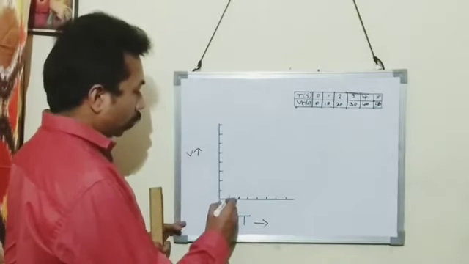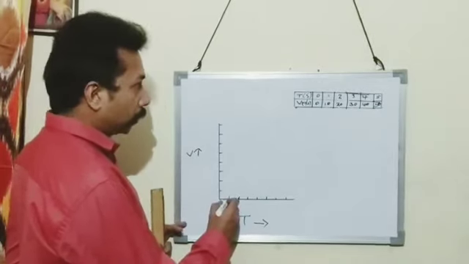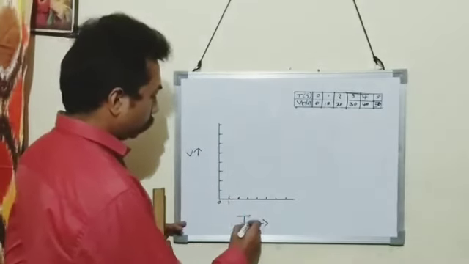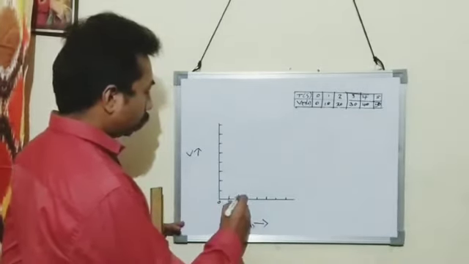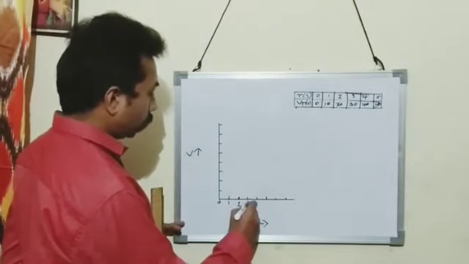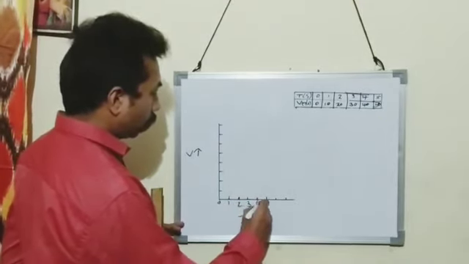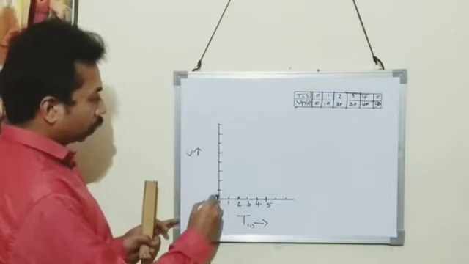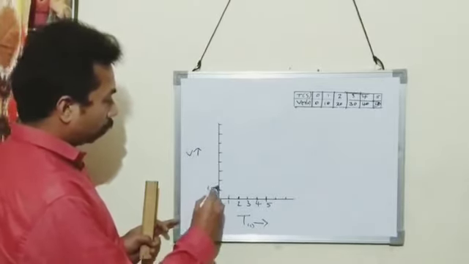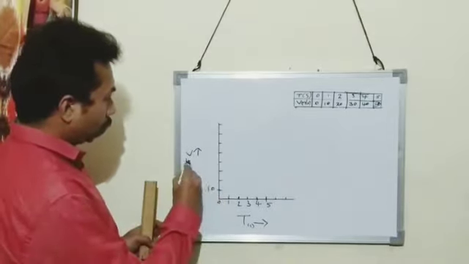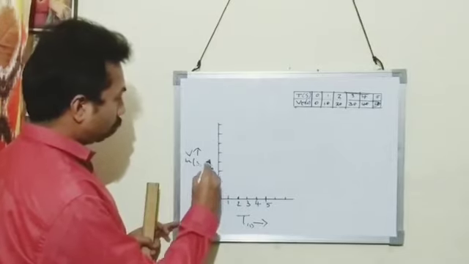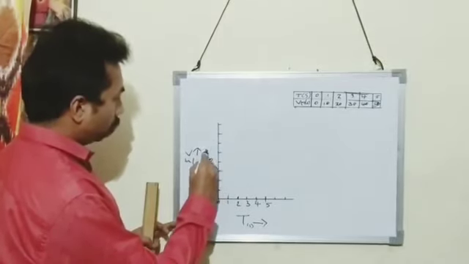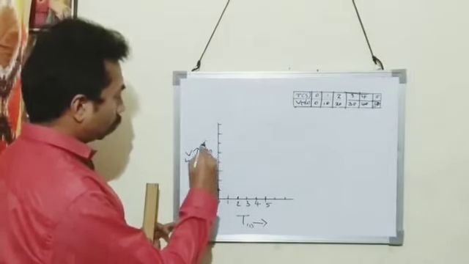Then at 1 centimeter on the x-axis, that is 1 second, at 2 centimeters it is 2 seconds, at 3 it is 3 seconds, at 4 centimeters it is 4, at 5 it is 5. And coming to the y-axis, 1 centimeter is 10 meter per second, so at 2 it is 20, at 3 30, at 4 40, at 5 50, 6 60 and so on.